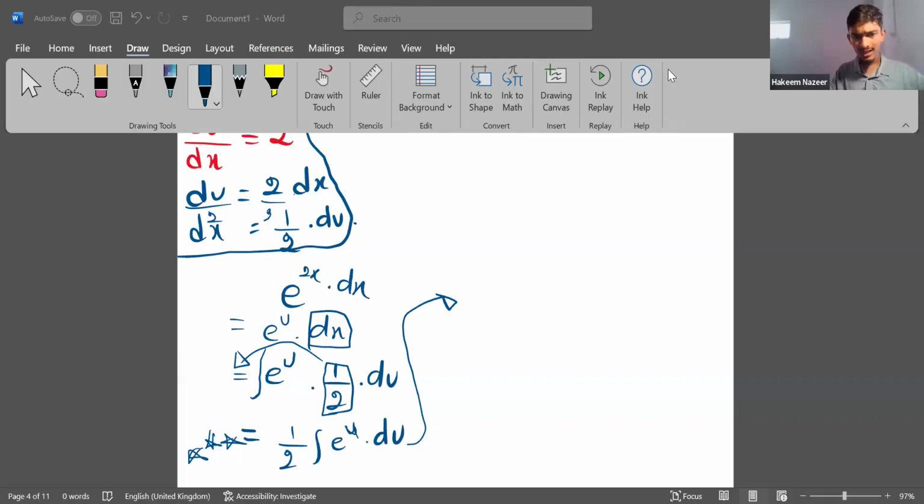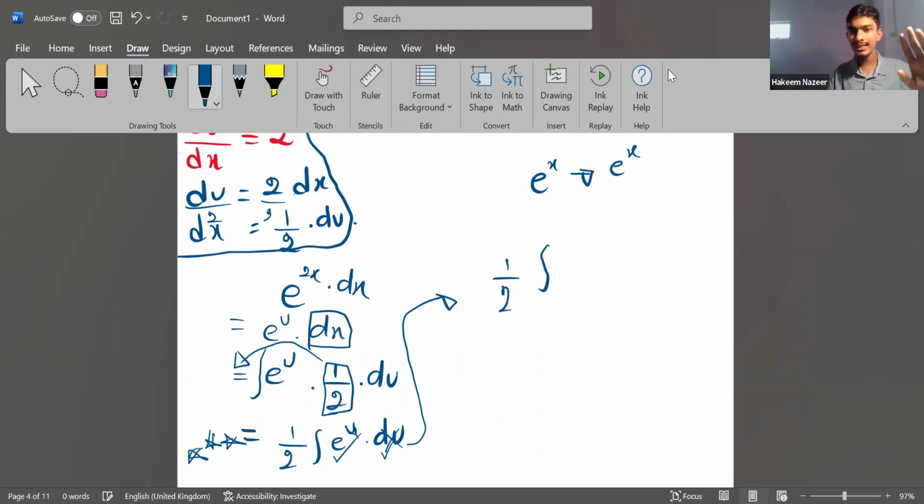Again, we don't need to write the du. Then half into what's the integral of e to the power u? If we integrate, the integral of e to the power x should be e to the power x. The same: the integral of e to the power u should be e to the power u. Here we apply the exponential rule.